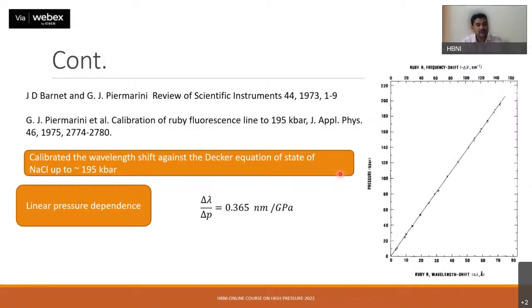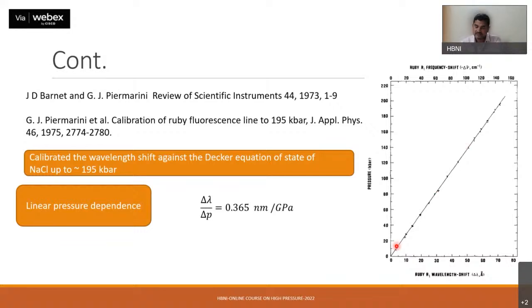So here, in the earlier years, even in 1973, Barnett and Piermarini calibrated this scale up to 19.5 kilobar with the known Decker equation of state of sodium chloride. And here is the scale calibration.